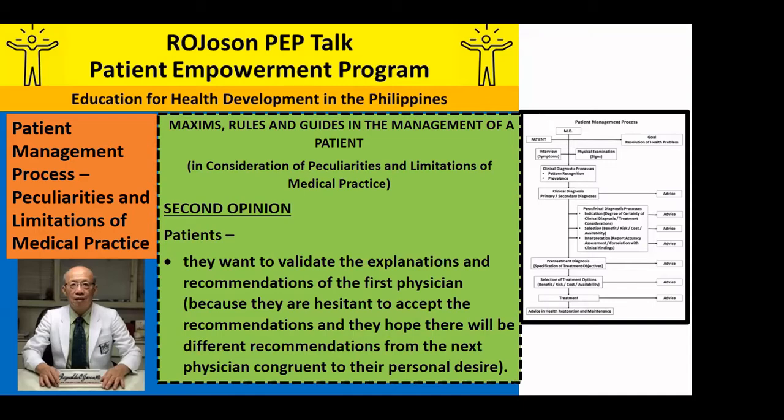The second reason for patients seeking a second opinion is that they want to validate the explanation and recommendation of the first physician. The usual scenario is that they are hesitant to accept the recommendations, and they hope there will be different recommendations from the next physicians, congruent to their personal desire.